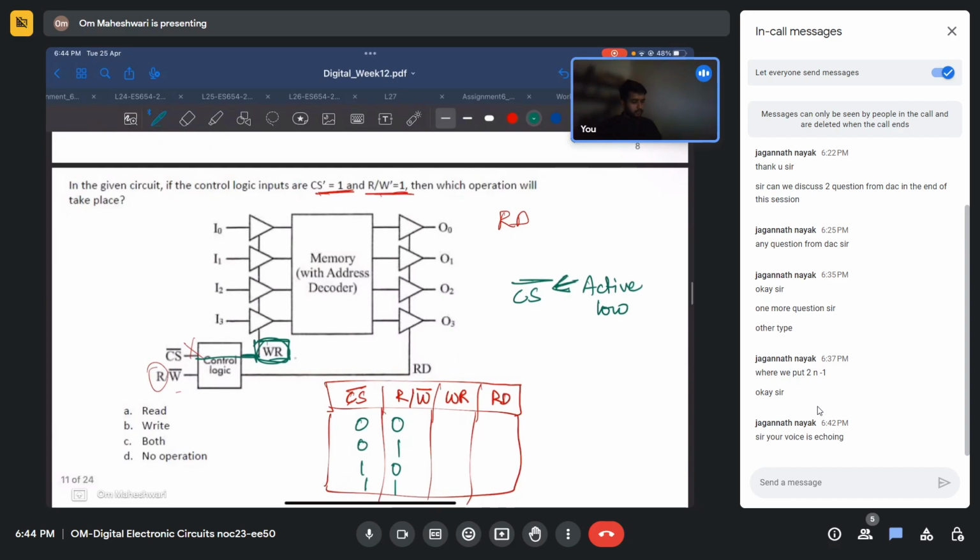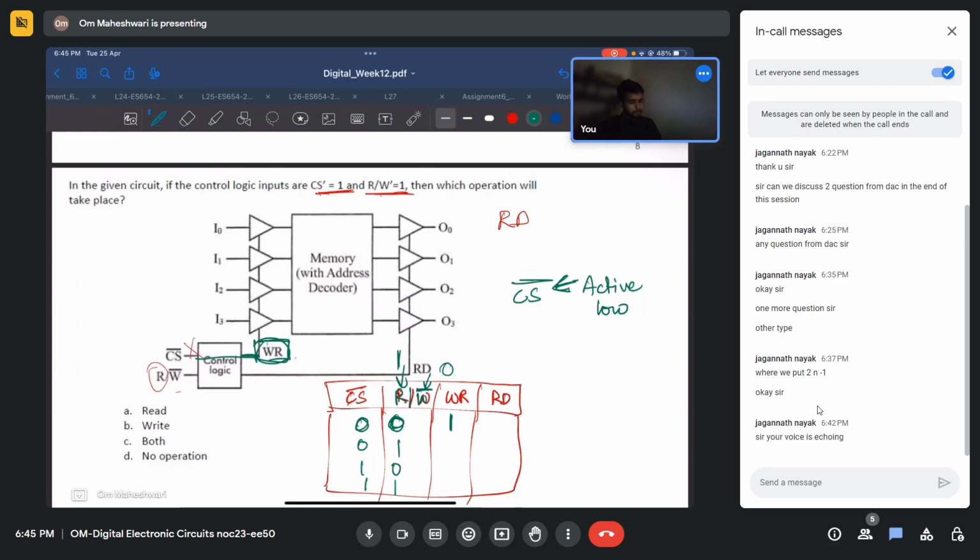So whenever it is 0, write will happen. Looking at R/W bar, whenever you get 0, write will happen. Whenever you get 1, read will happen.